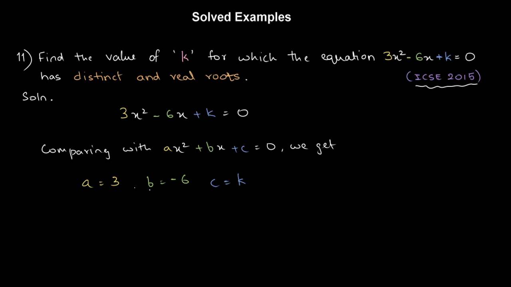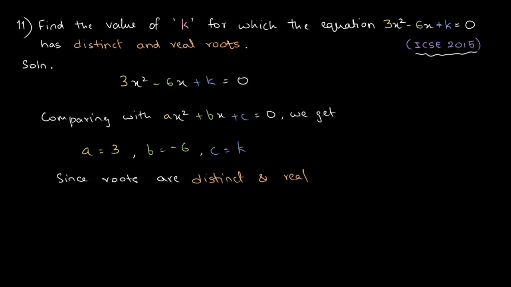Next, I need to find the value of the discriminant. Now, since they've told us the roots are distinct and real, the discriminant D will be greater than 0.